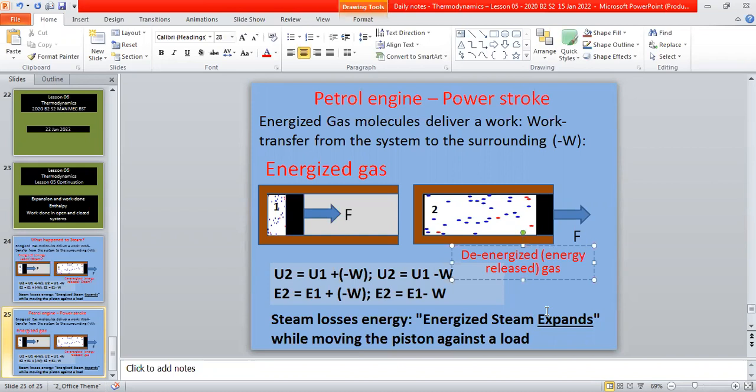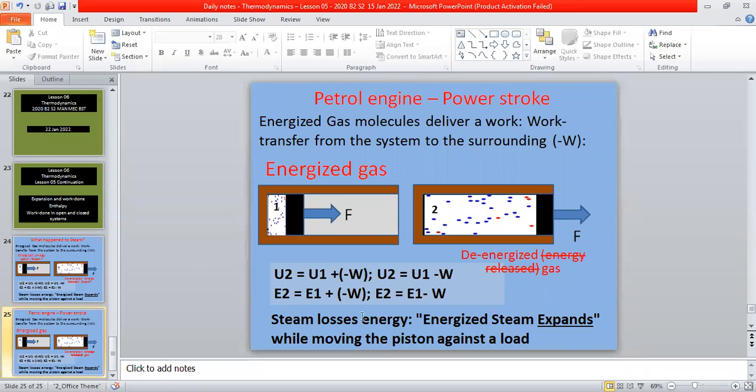Actually, release is a way of energy being transferred mostly to work, so I will take the words energy released out here, because the system really just releases energy, which is transferred into work, from the system to the outside.